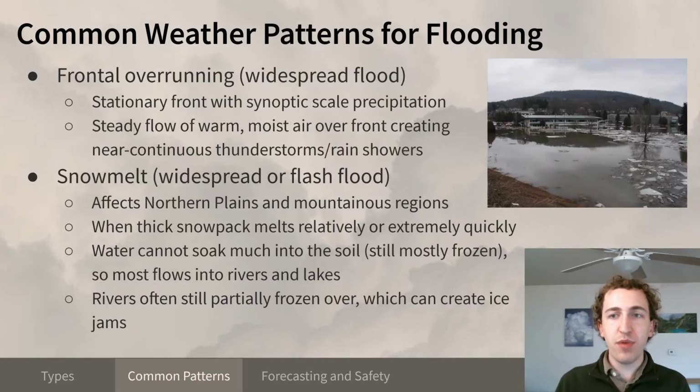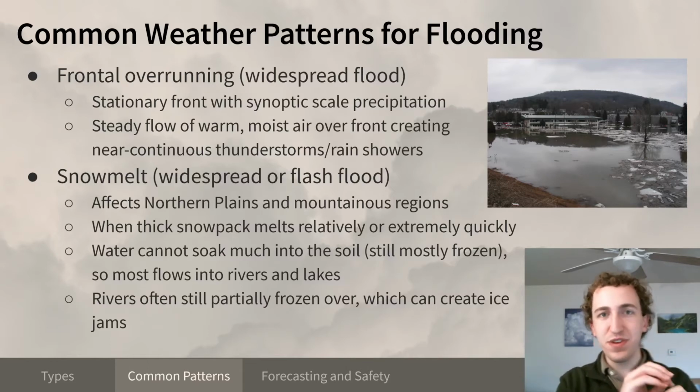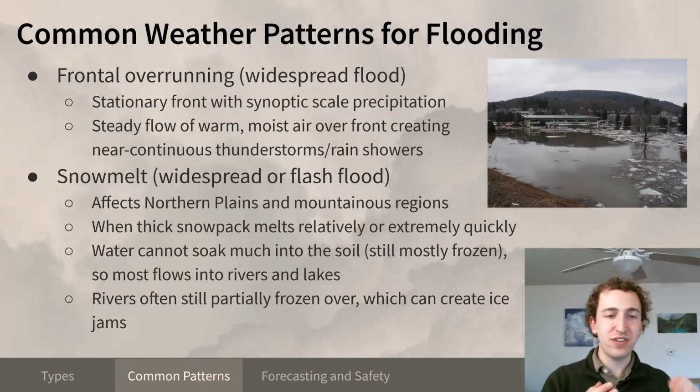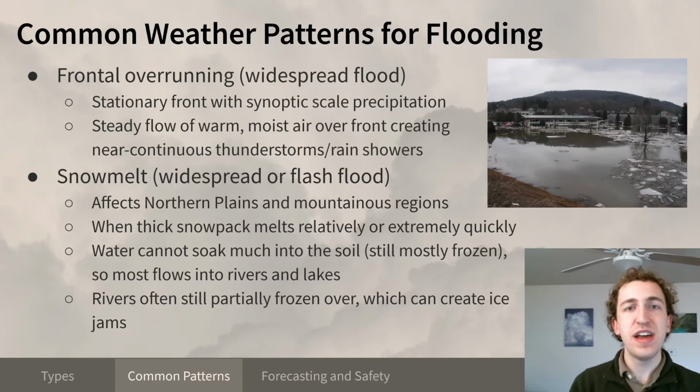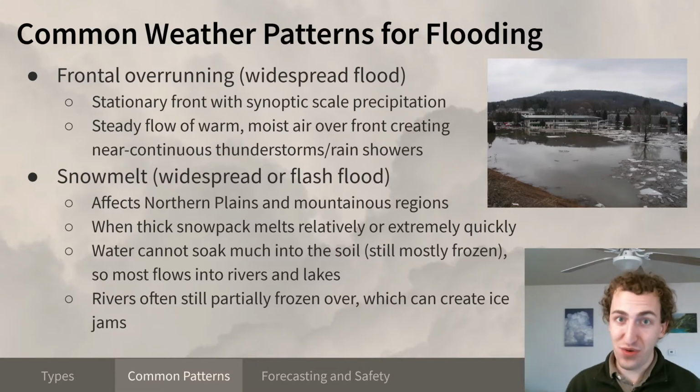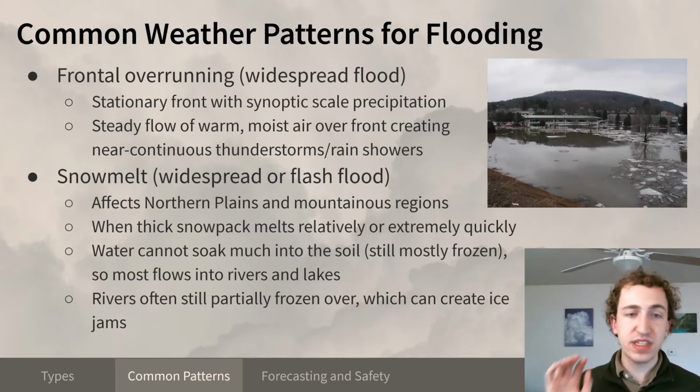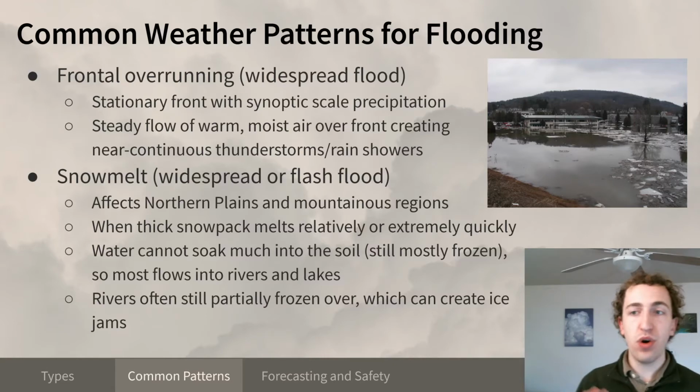Another common weather pattern is frontal overrunning, and this tends to be associated with widespread floods. Instead of the thunderstorm view we took last time, where it was localized and you had continued development over the same region, this is where you have a synoptic scale setup that just won't move, with a stationary front or a really slow moving warm front, synoptic scale precipitation, so broad regions of precip, and a strong, steady flow of warm, moist air going over the front.